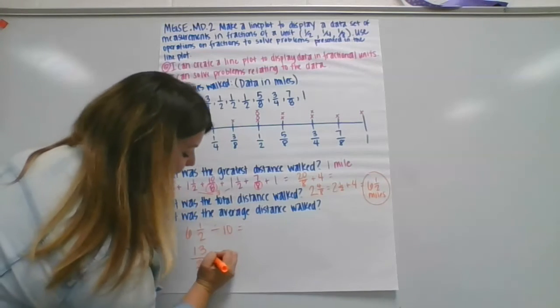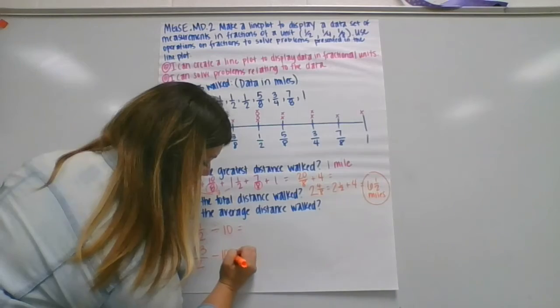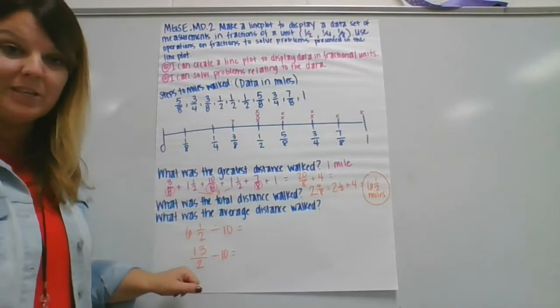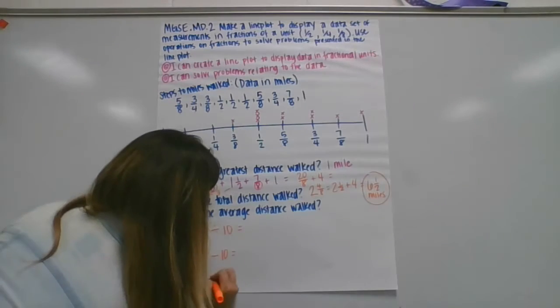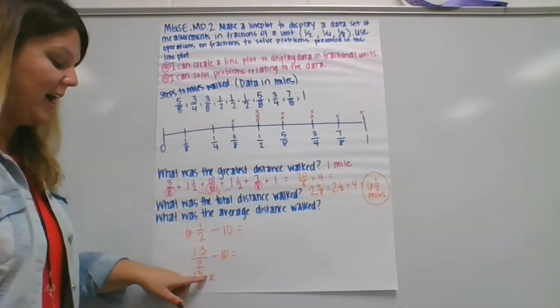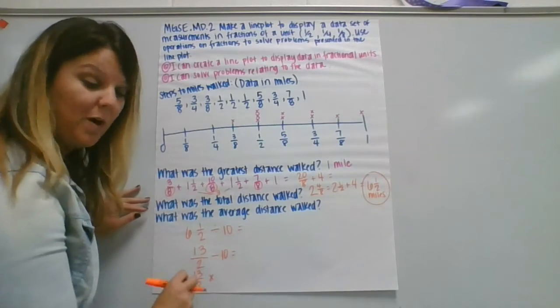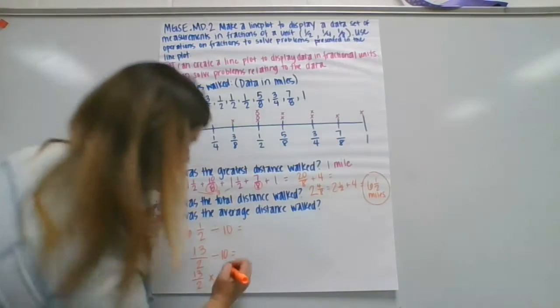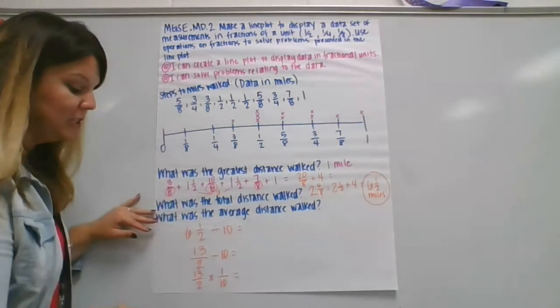And if I'm going to divide it by 10, remember that I can keep, switch, flip. I'm going to keep the first one. Switch my sign and flip the second one. So 10 is 10 over 1. So we're going to do 1/10. And then I'm going to multiply straight across.